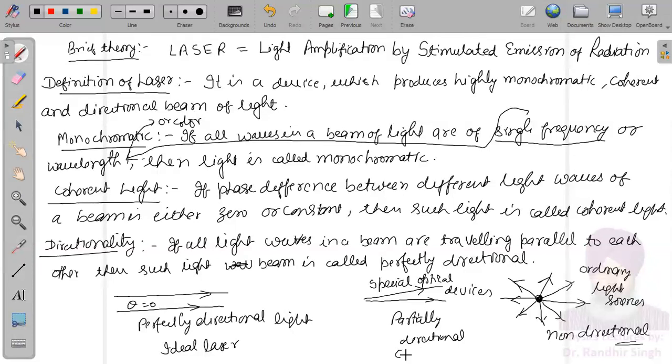And in our case it is real laser. Our objective is to produce this light. This is our objective. We want to produce this kind of light, theoretically, but this is practically achievable.